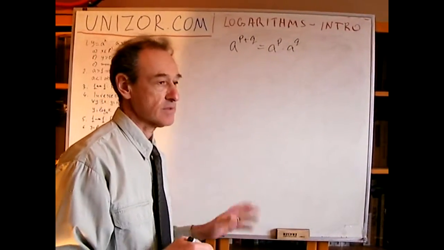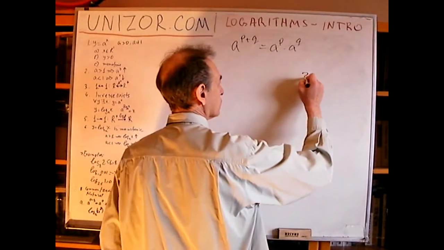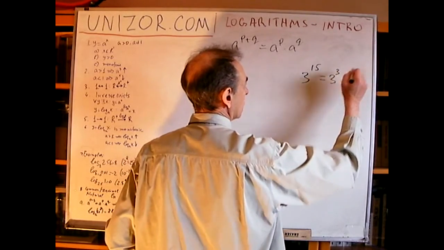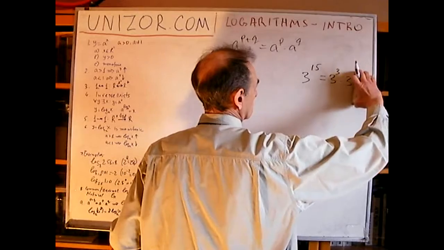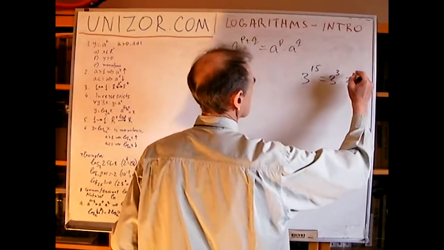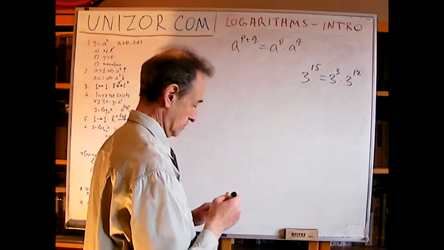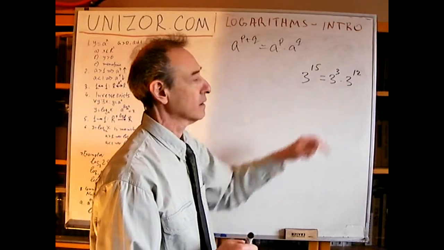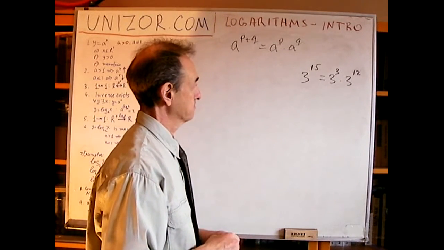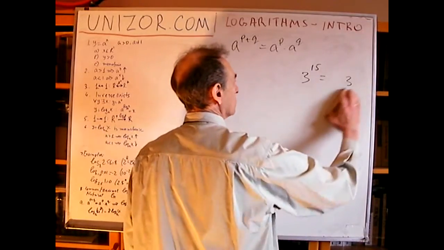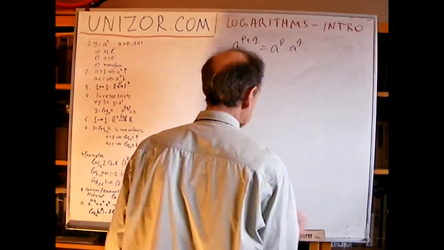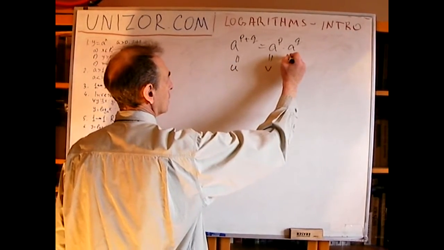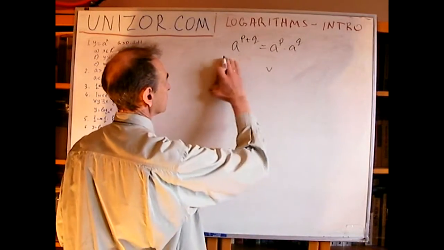This is a typical kind of thing. Just for example, 3 to the 5th times 3 to the 7th is 3 to the 12th. Something like this. So exponents are added together whenever you multiply exponential expressions. Great.